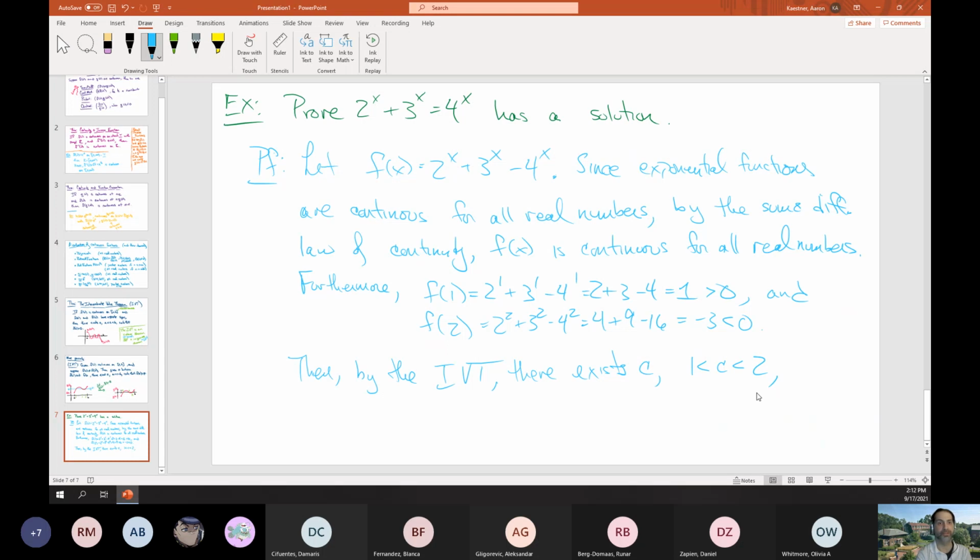Right, so the intermediate value theorem tells us then there exists some value c between 1 and 2 such that f of c, which is 2 to the c plus 3 to the c minus 4 to the c, is equal to 0. Or equivalently, if I take the 4 to the c and move it to the other side, I know that 2 to the c plus 3 to the c is equal to 4 to the c.